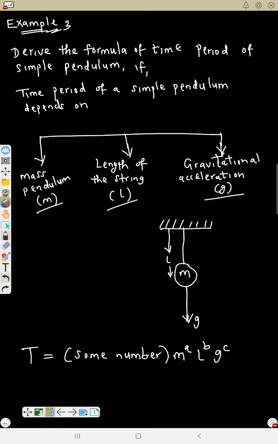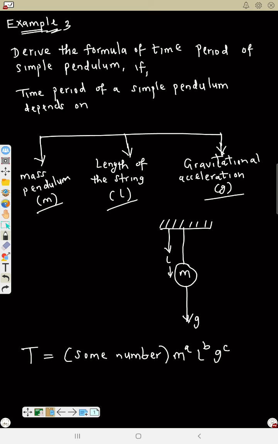So meaning this formula depends on them. So we can also determine whether all these quantities mentioned here are dependent. You can determine whether they are dependent.